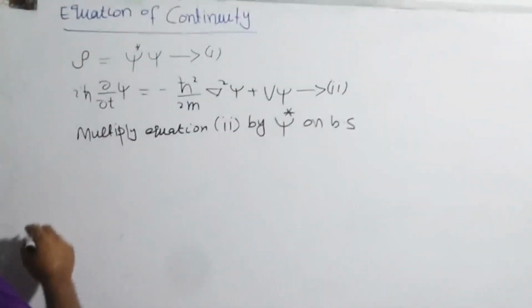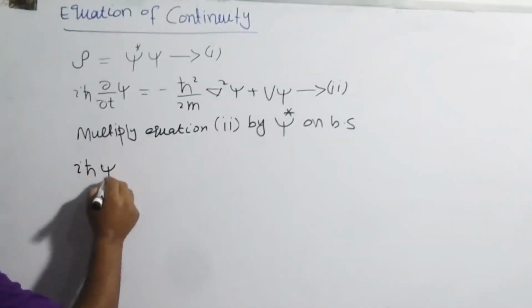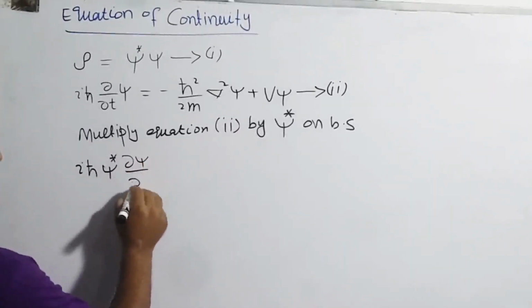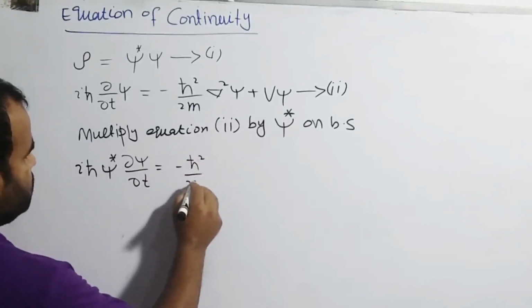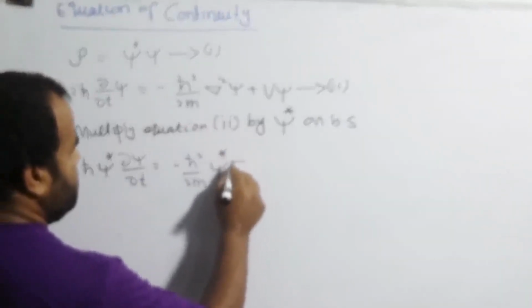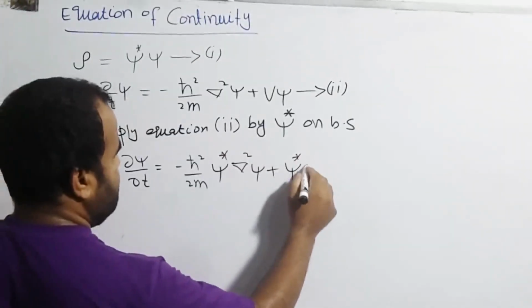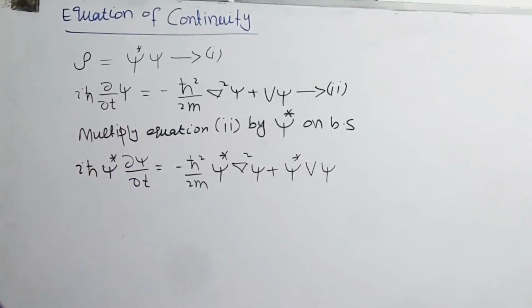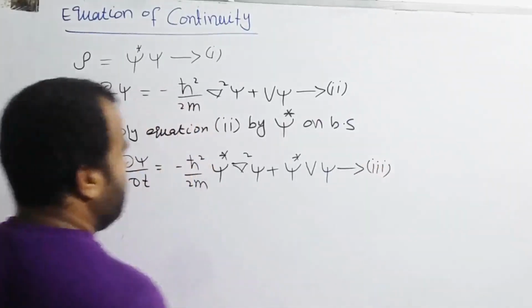When we multiply by psi star, it will be iota h cut psi star partial psi over partial t is equal to minus h cut square divided by 2m psi star del square psi plus psi star V psi, and suppose this is equation 3.